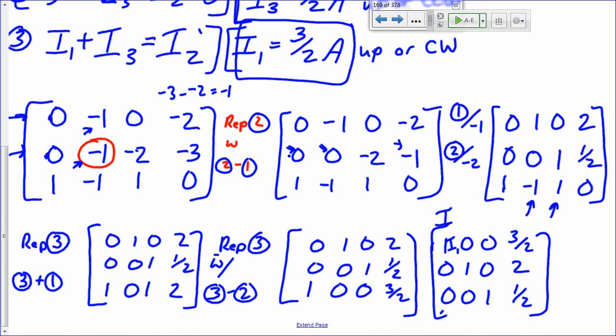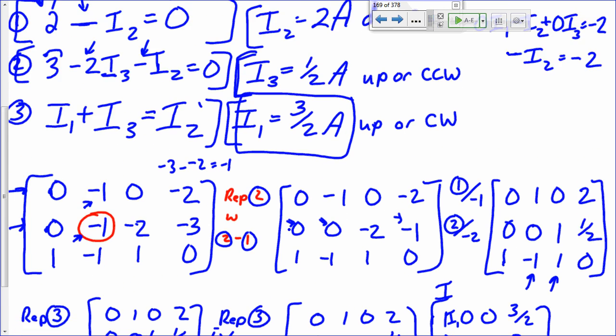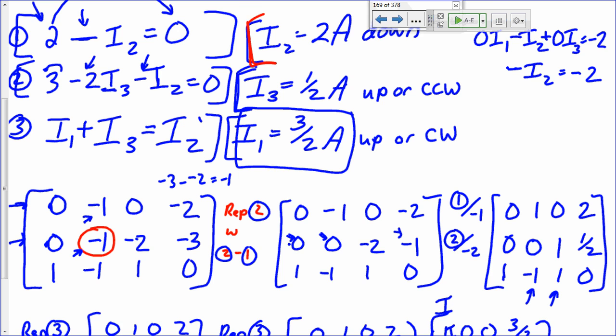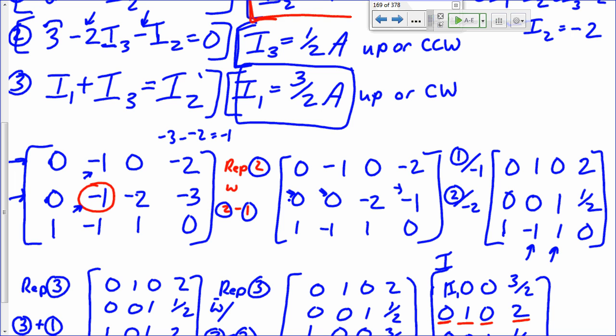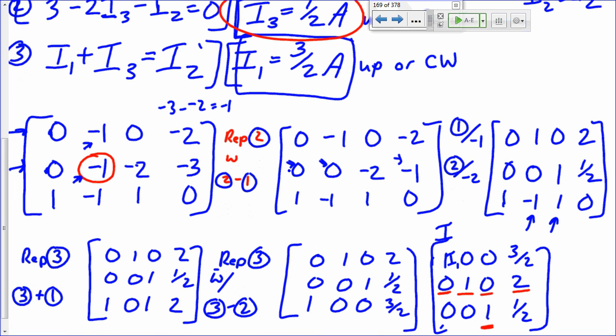The second column is 0 times I1 plus 1 times I2 plus 0 times I3 equals 2. So I2 equals 2. That's what we found. And then this third column is 1 times I3 equals 1/2. So I3 equals 1/2.